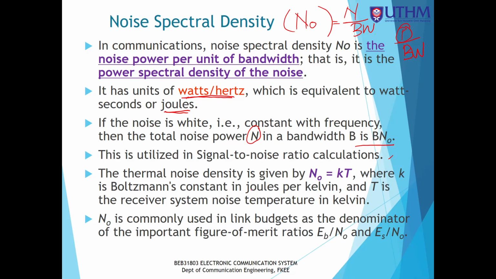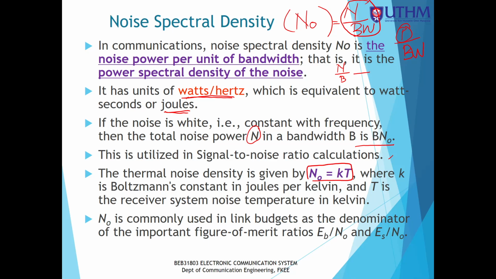The thermal noise density is given by N0 equal to kT. So there are two equations to calculate N0. The first equation is above here, N over bandwidth, noise power divided by the bandwidth.